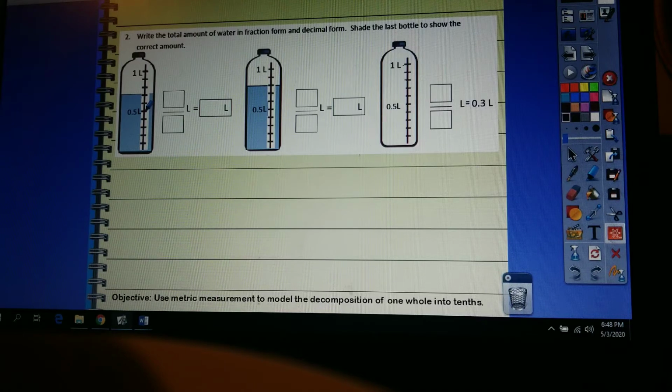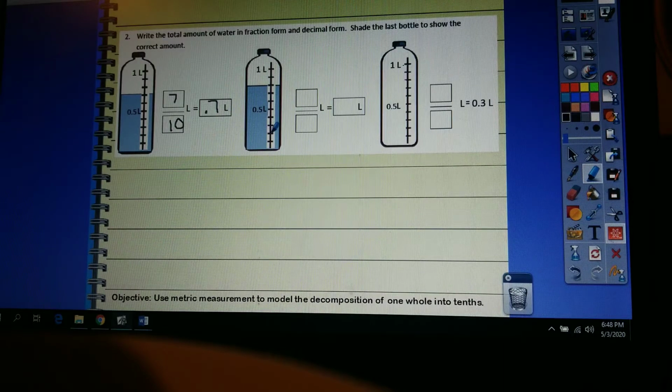So if that's 5/10, 6/10, 7/10, which is decimal point 7. I need my eraser and I need to try that again because that was not pretty. Okay, let's try that one more time. Decimal point 7. That looks much better. 7/10. That is our tenths spot.